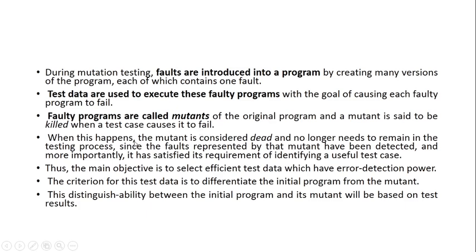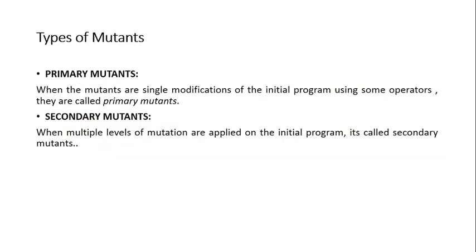When this happens, the mutant is considered dead and no longer needs to remain in the testing process, since the fault represented by that mutant has been detected, and more importantly, it has satisfied its requirement of identifying a useful test case. Thus, the main objective is to select efficient test data which have error detection power. The criterion for this test data is to differentiate the initial program from the mutant, and this distinguishability between the initial program and its mutant will be based on test result. This is how it is being carried out.